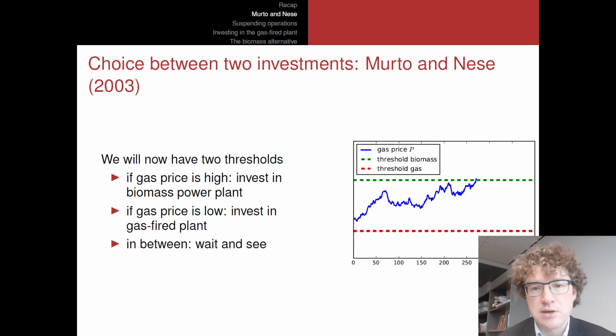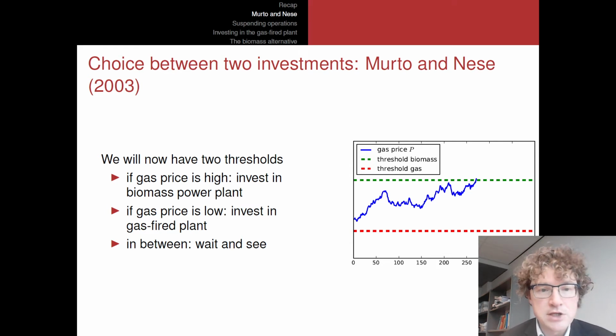So as I just tried to point out, if this gas price is really high, you're going to invest into the biomass plant, because then investing in a gas-fired plant is going to be a really costly affair: the price of electricity will not be high enough to earn back the cost of gas.